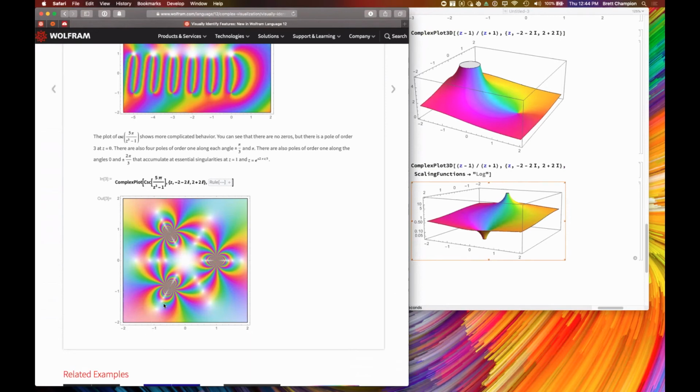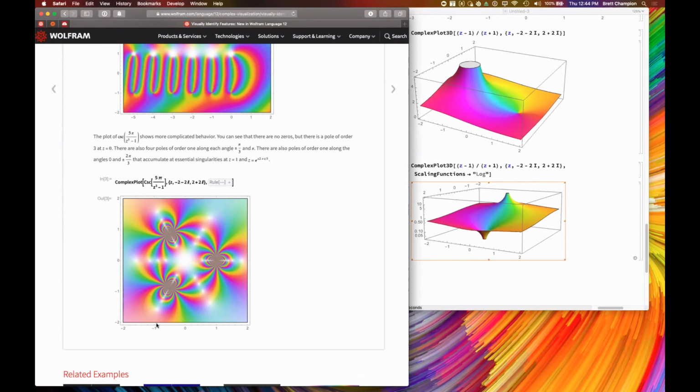We have poles that are accumulating into essential points at 3 different places. There's no zeros. And then we have this big pole at the origin. It's just really interesting to see what things look like.